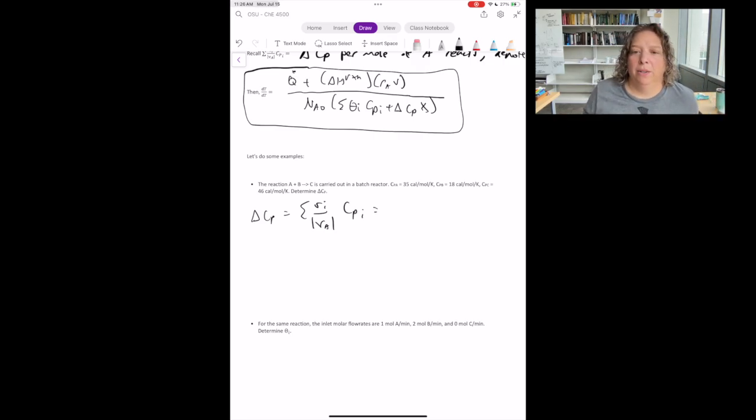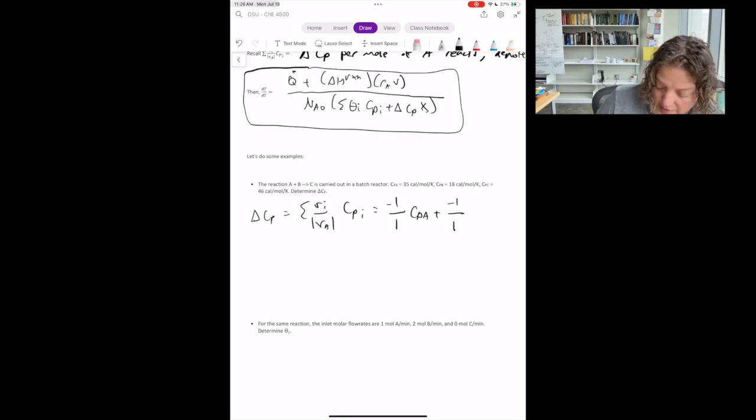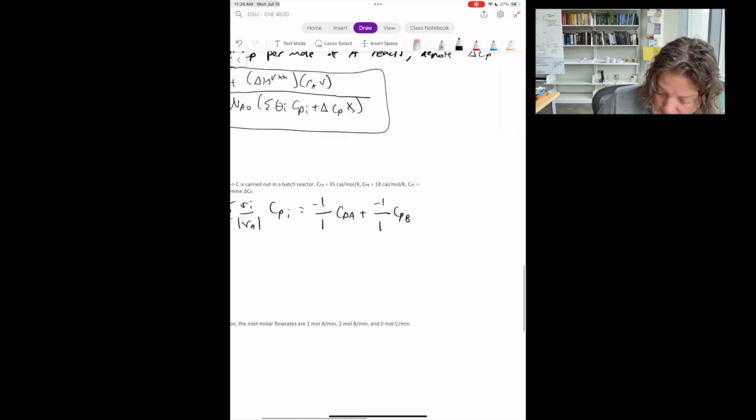So basically what I'm going to do is take each species and take its stoichiometric coefficient, normalize it by the absolute value of the stoichiometric coefficient on A, which is positive 1, and multiply by its heat capacity. So I get negative 1 being nu A divided by the absolute value of nu A, that's negative 1 over 1 times CP A, plus negative 1 over 1 CPB, plus 1 over 1 CPC.